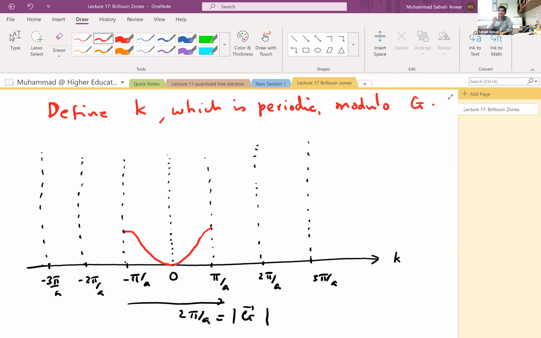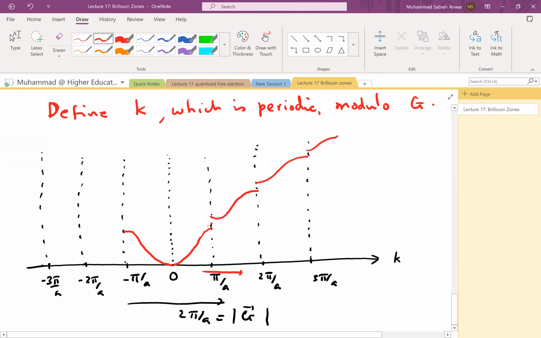Homework number 6 invokes your understanding of it. So please keep that in mind. When k goes beyond pi over a, the energy is actually higher than what it would be if there were no perturbation. So you start off from here, dip here. This is what the dispersion relationship looks like.